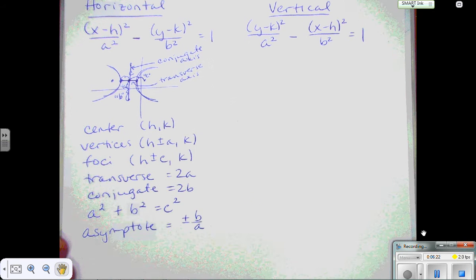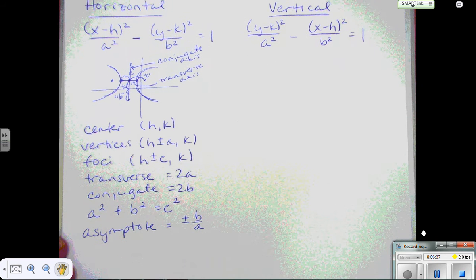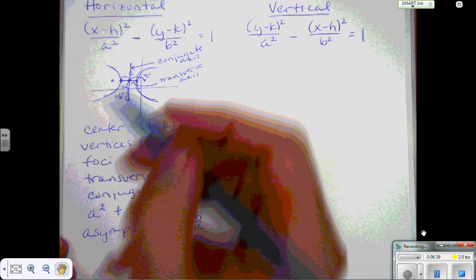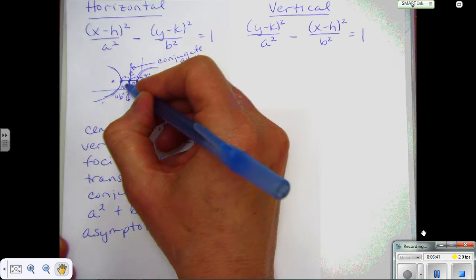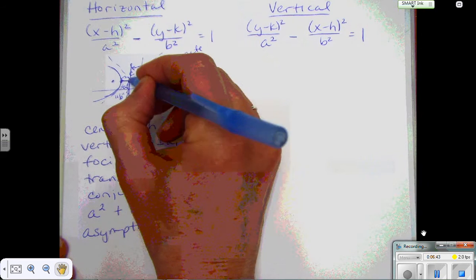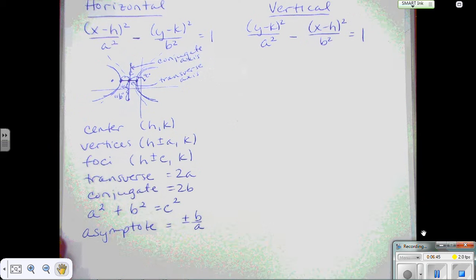There are 2 of them, and they always go through the center. So plot the center, count your asymptotes out and use those as guidelines, plot your vertices, and then use those asymptotes to draw your hyperbolas. We'll do one together. The asymptotes go through the center and they are drawn as dotted lines.